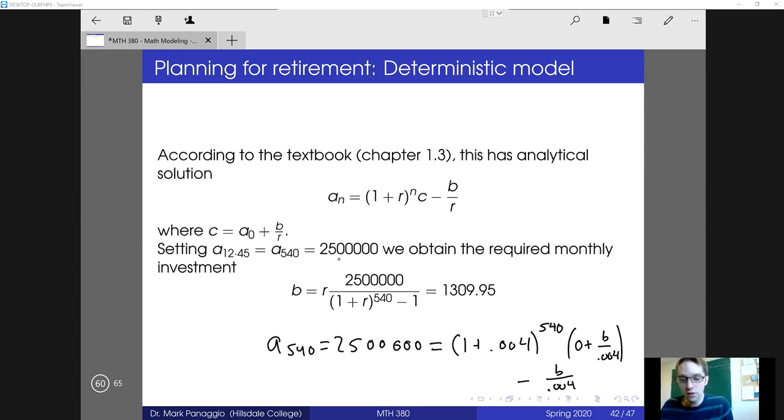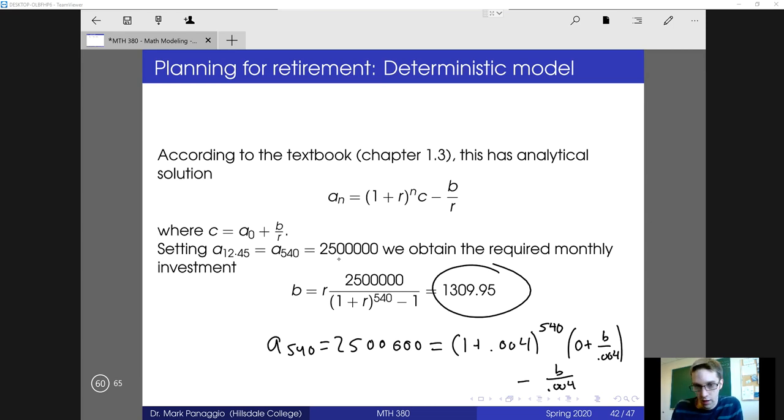And if you solve that equation for b, you end up with the solution $1,309.95. So if you were to save $1,300 a month and you were to get that 0.4% monthly return or a 5% annual return, then what you will find is that you will end up with, again, on average, $2.5 million at age 67.